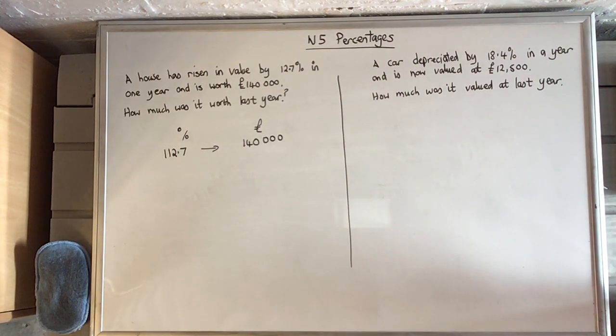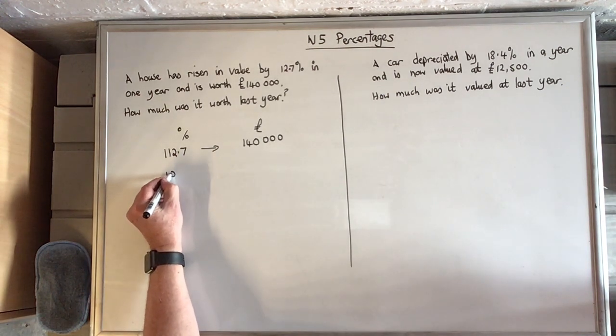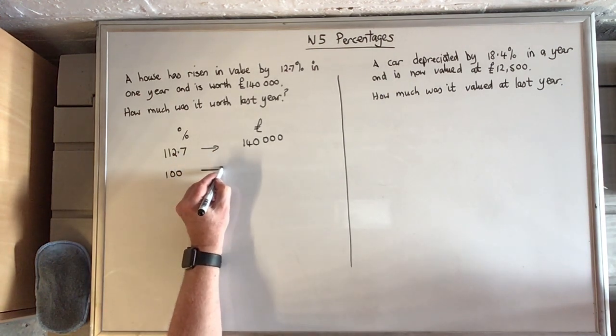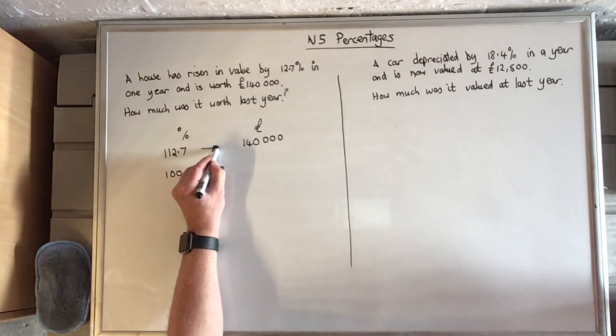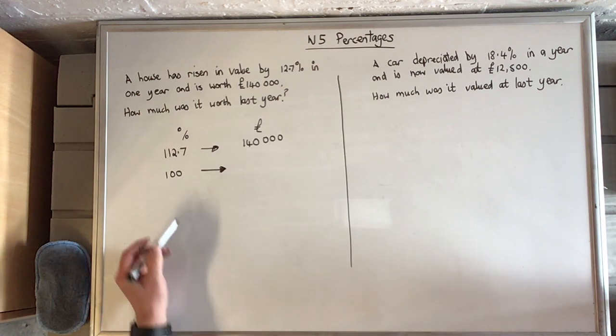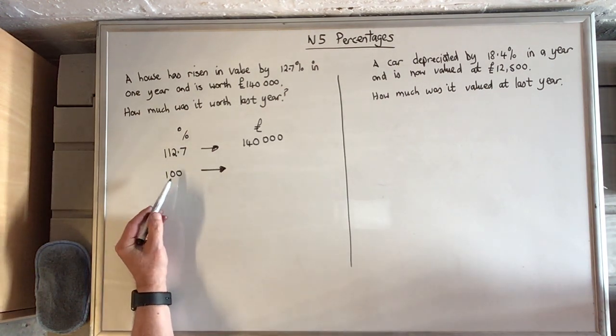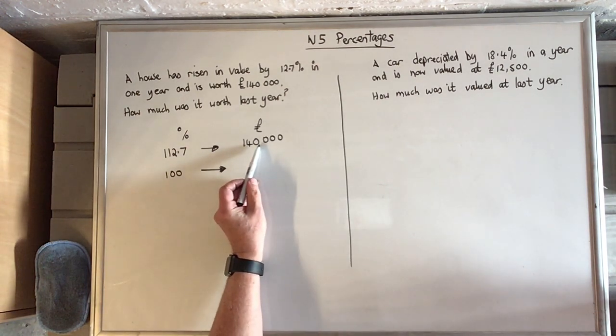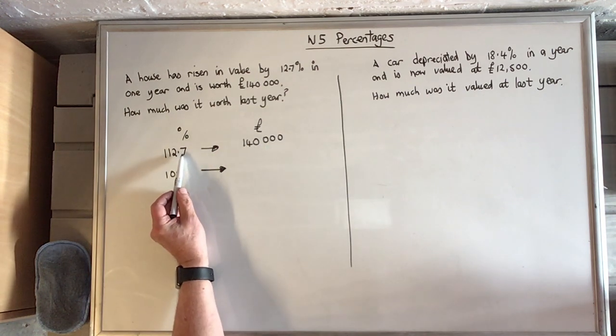So, how much was it worth last year? Well, it's 100%, that's what we started at. So how much is 100% worth? We want this value here to be less than 140,000 because it's increased by 12.7%.